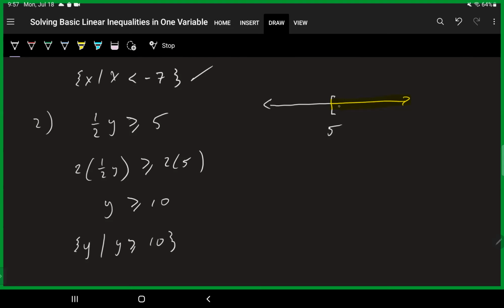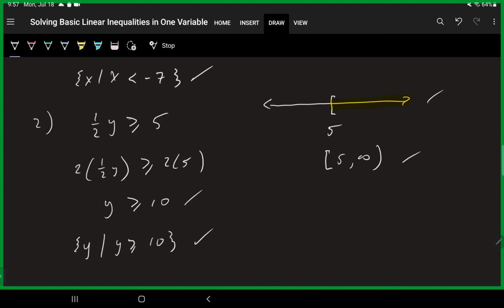So what I did there, the squiggle, a lot of times that's what you'll see on paper and pencil, if people only have a pencil or a pen to work with. If you have highlighters or colored pencils, it helps, makes things cleaner and neater. And that is the interval from 10 to infinity. So again, solve, set builder, graph, interval.